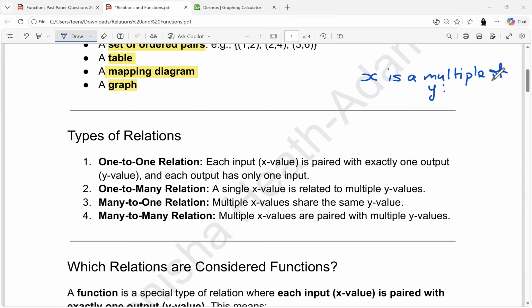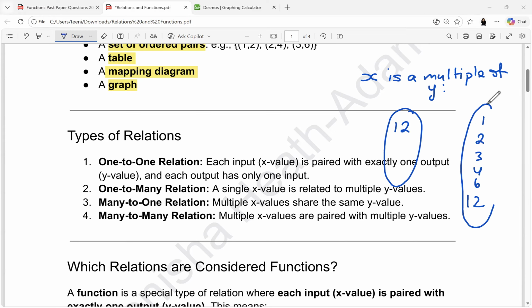Like, for example, if I had 12, then 12 will be mapping onto 1, 2, 3, 4, 6, and even 12, right? So this relation here, x is a multiple of, will be a one-to-many relation because one element in the domain maps onto more than one element in the codomain or the range. So that's what a one-to-many relation is.